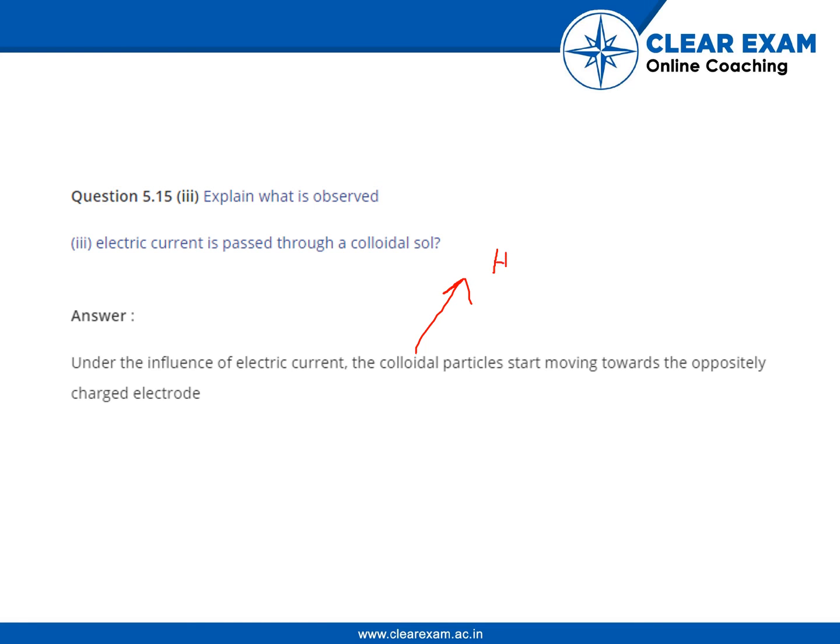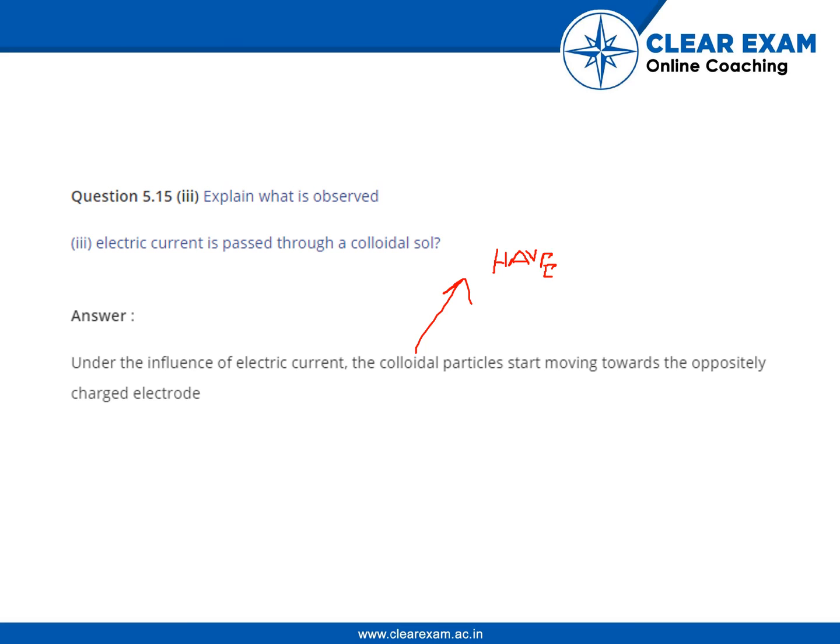have some charge. So since they have some charge, suppose we assume that colloidal particles have positive charge. So they will move toward the negatively charged electrode. And if the colloidal particles have negative charge, they will move towards the positively charged electrode.